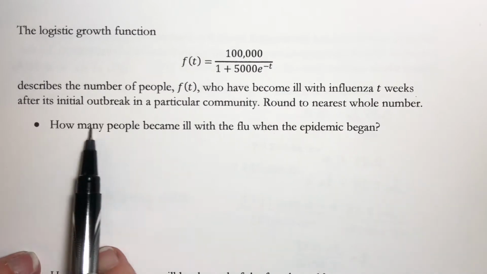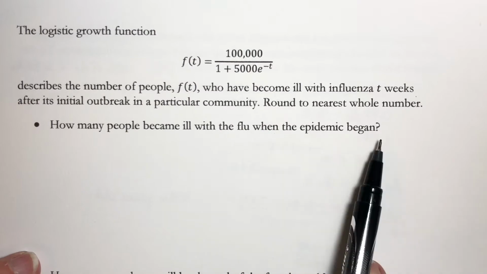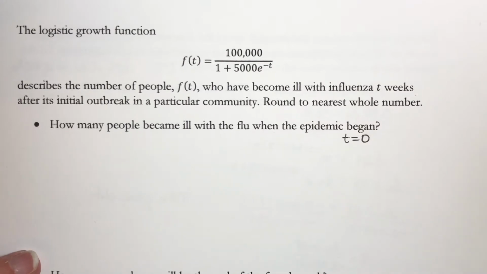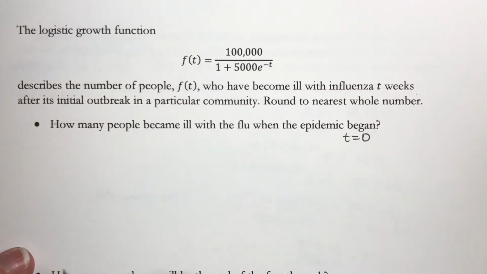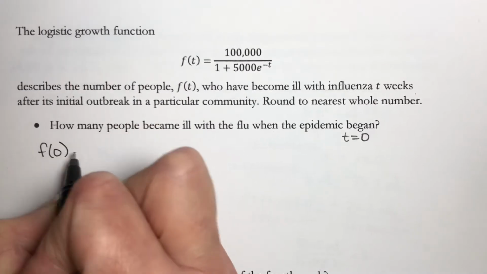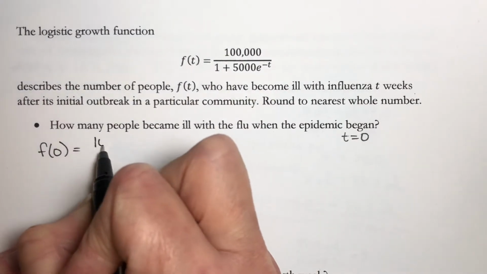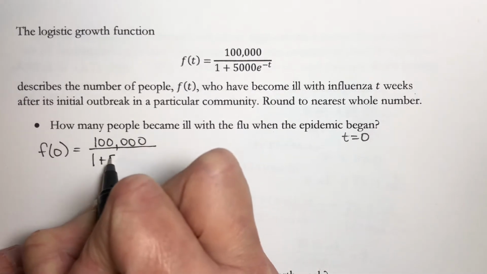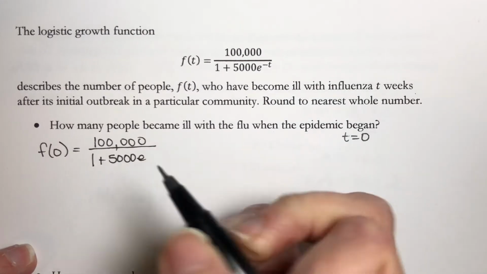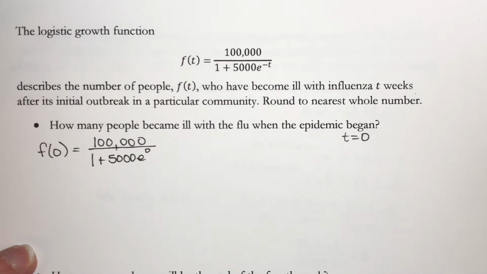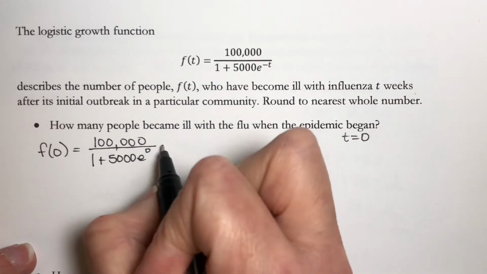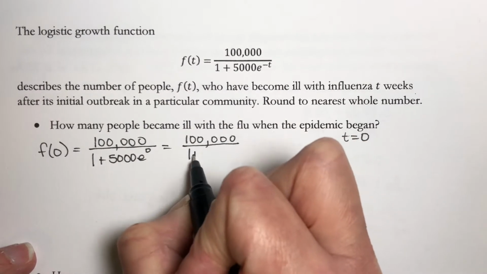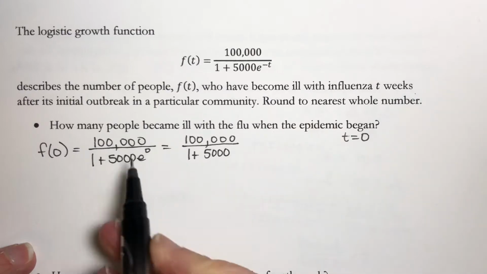Okay. How many people became ill with the flu when the epidemic began? Well, when it begins, that means time is equal to 0, right? 0 weeks after the beginning. So let's see what we get when we plug in t equals 0. So f of 0 will equal 100,000 over 1 plus 5,000 e to the negative 0. Anything to the 0 power is 1. So what I have here is 100,000 divided by 1 plus 5,000 times 1.